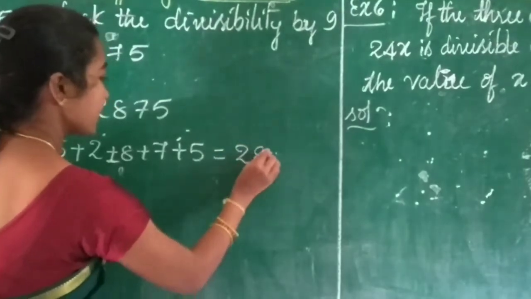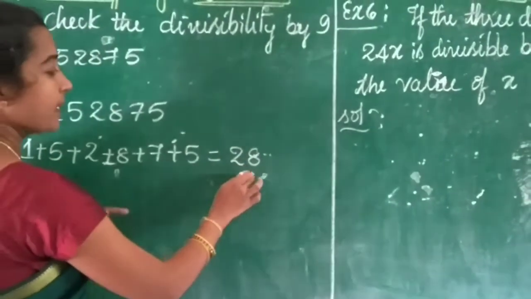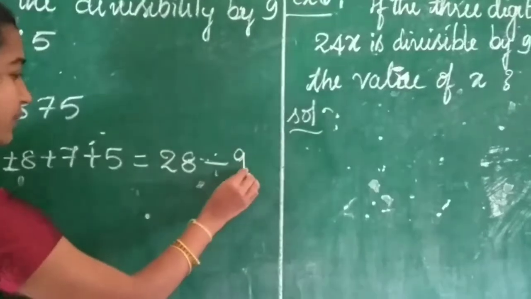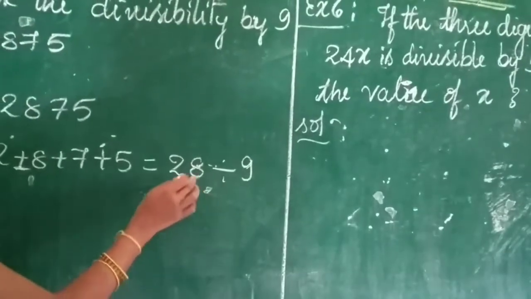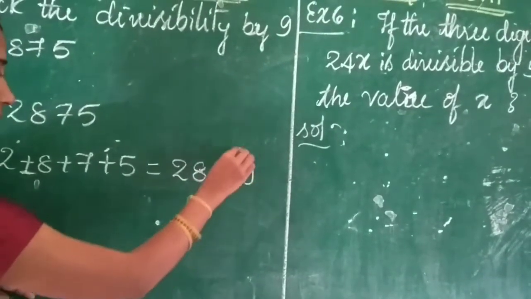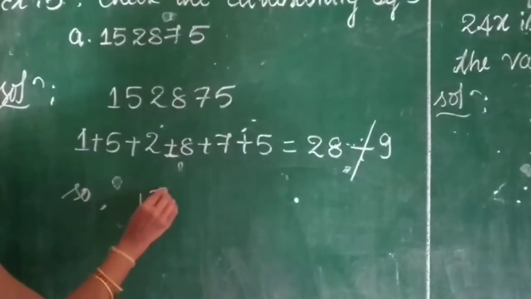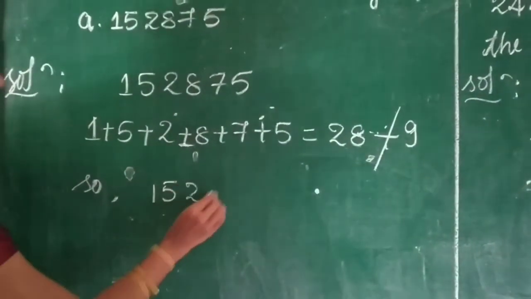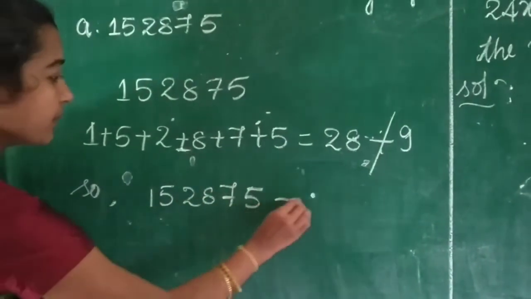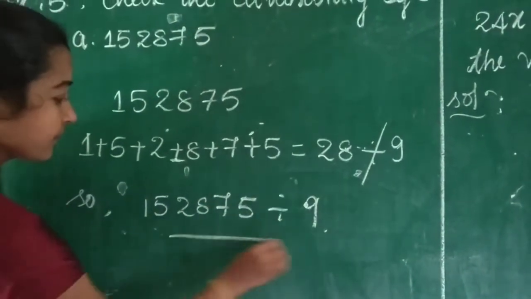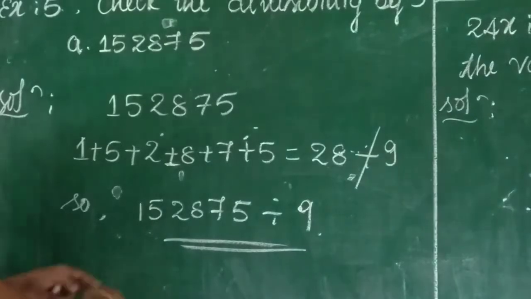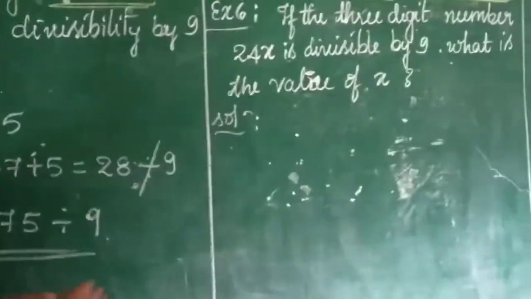See here, the sum is 28. Now, is this number divisible by 9? No. The sum is not divisible by 9. So we conclude that the given number is not divisible by 9. Now let us go to another example.